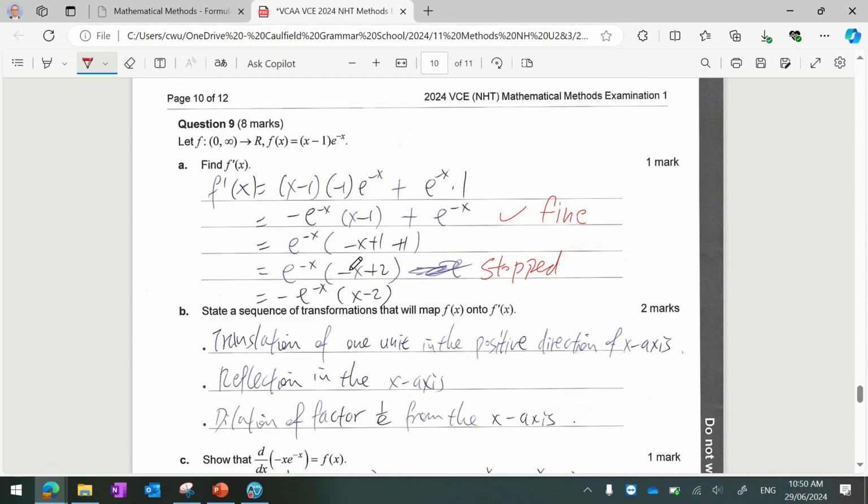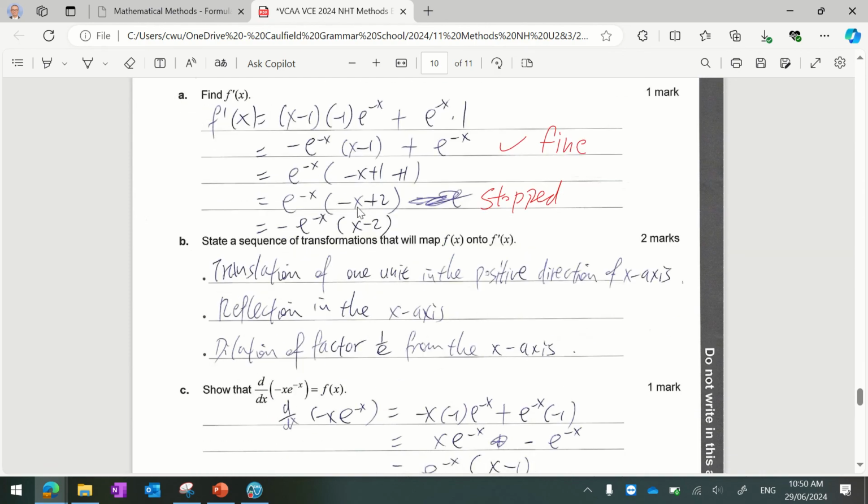So I'm going to take the negative 1 as a factor out of negative x plus 2. If I factor out negative 1 in negative x plus 2, I get a negative sign in front of the whole thing, and in the bracket I just get x minus 2. I just reverse the sign of everything inside the bracket.